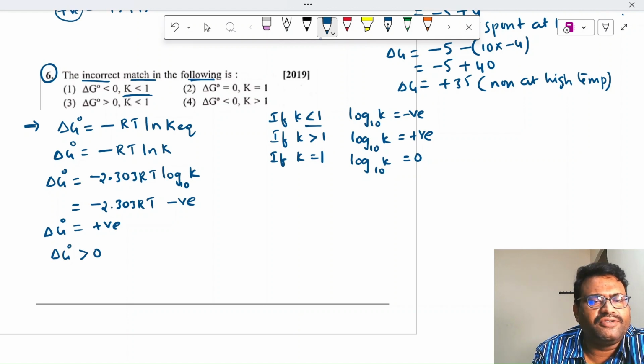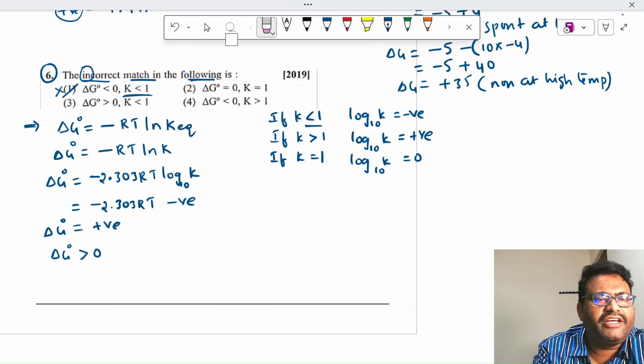The option says it is less than 0. So this is the incorrect one. What is asked? Incorrect match is asked. So this will be the correct answer, because the question asked is the incorrect match.